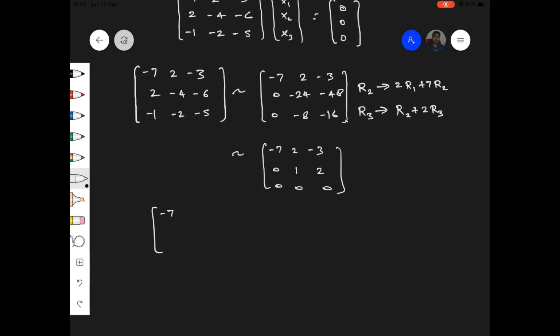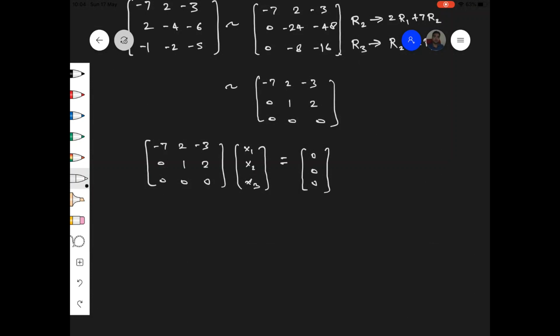And now further we'll put this reduced matrix into the equation form, times x1, x2, x3 equals 0, which is a 3 tuple.